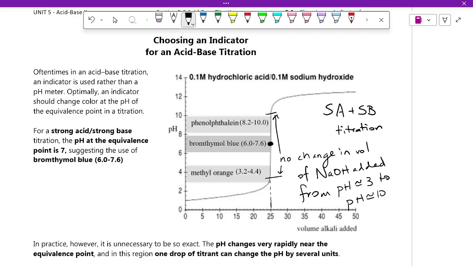Right? I go from pH 3 to pH 10. Did I add any more NaOH in there? What's the change in volume from here to here?